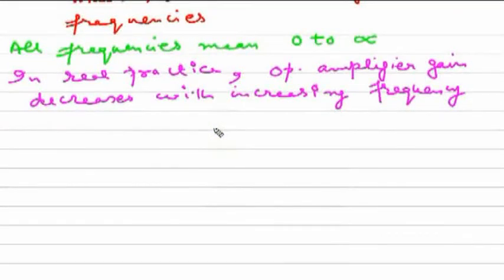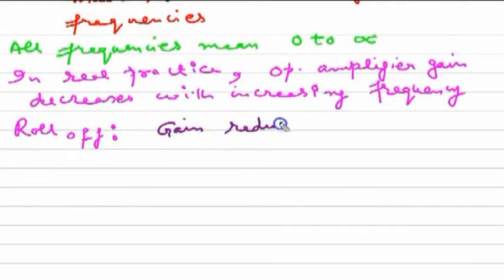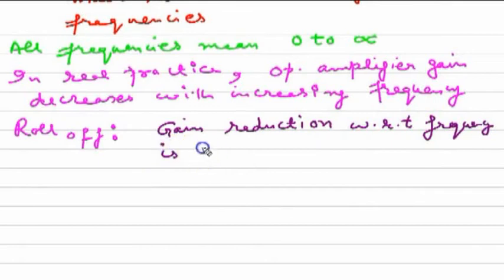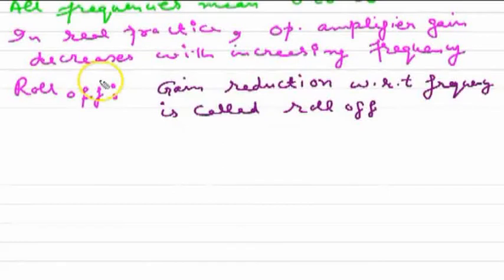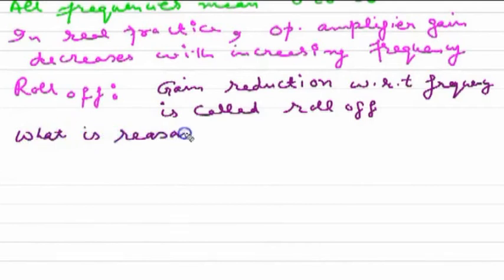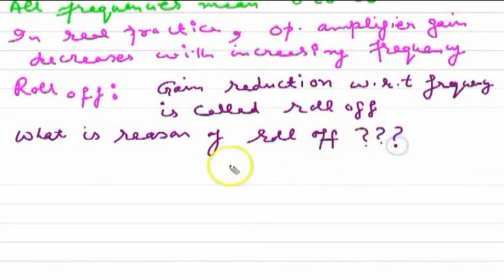Roll off means that the reduction of the gain of the operational amplifier with increasing frequency is called the roll off. Now the question is, what is the reason of the roll off? Why does the gain of the op amplifier reduce with increasing frequency? This is the important question.